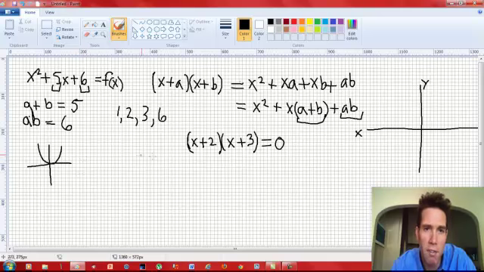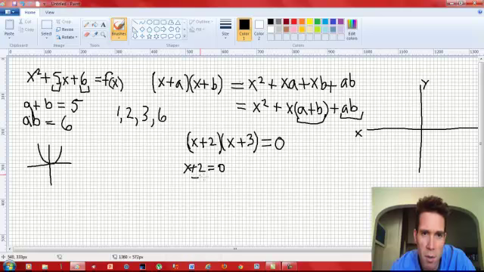So we want to find out where this graph intersects the x-axis. And we can find these points by simply setting these two factors equal to 0. So we have x plus 2 equal to 0, and we'd have to subtract 2 from both sides. Move this over here, and we have x equals negative 2.